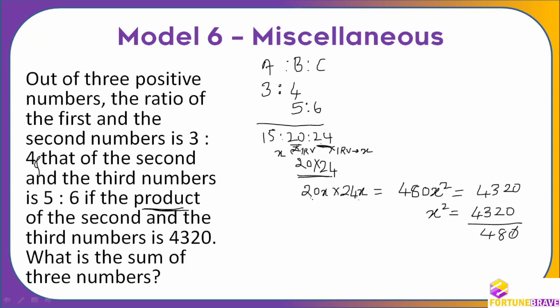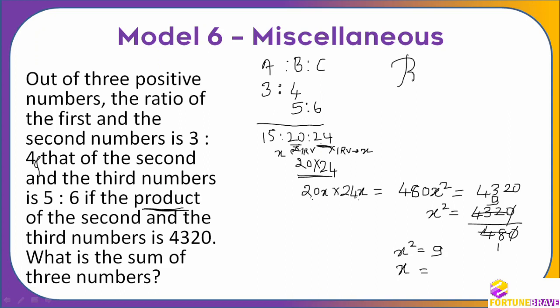We'll see if it is divisible by 12, or is it divisible by 48. I can see this is 48. 48 ones are 48, nines are. I can say that x square is equal to 9, therefore x is equal to, that is now.